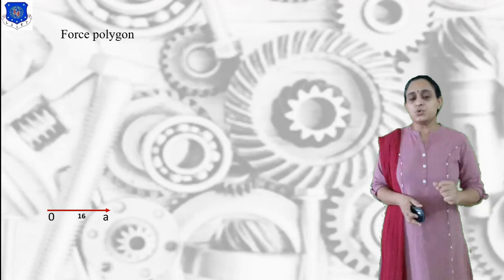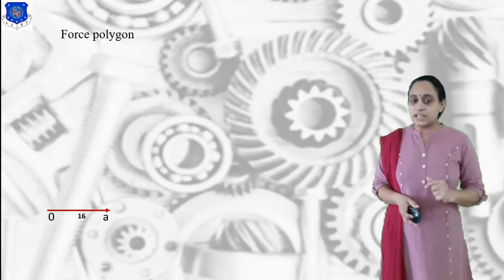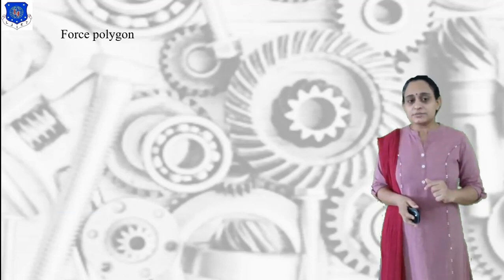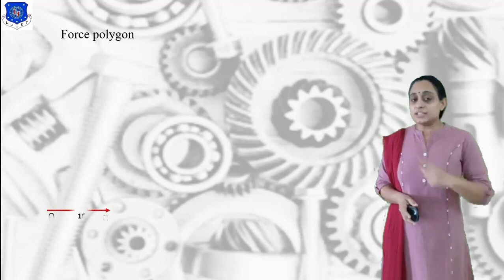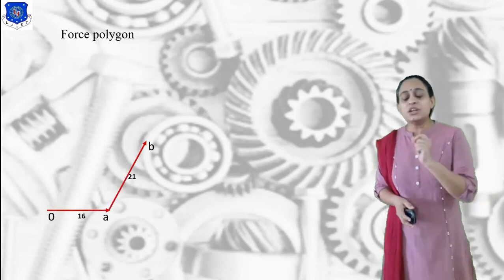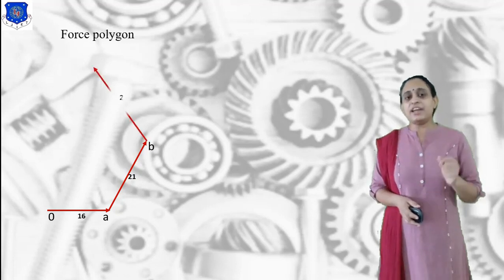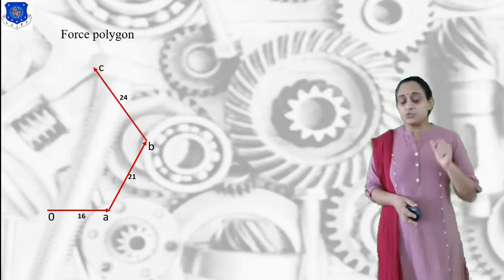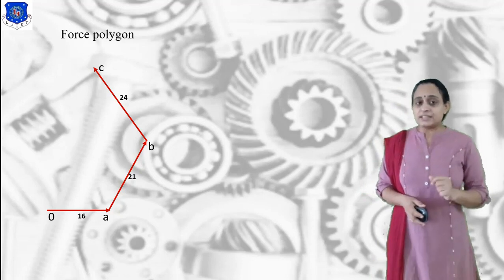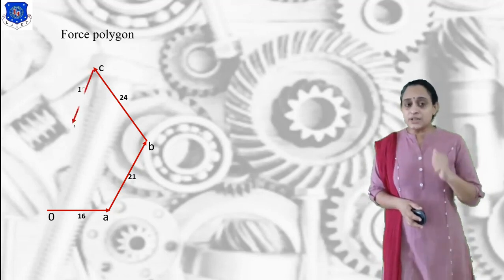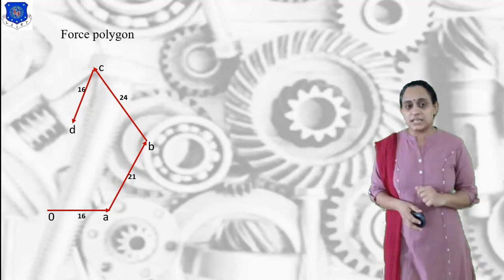So here first force is of 16 kg meter. Second one is at 45 degree and having the value of 21 kg meter. Third, at 115 degree we have to take the value of 24. Next, the D force and having the value of 16.